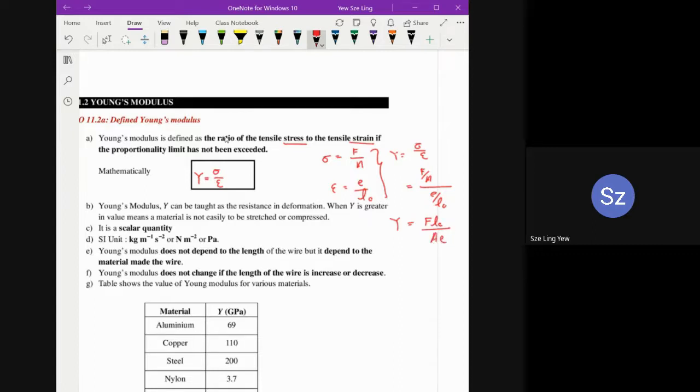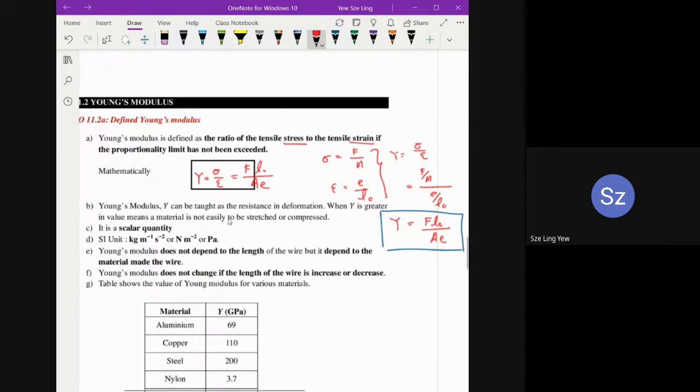This is an equation that we use very often in our calculations, compared to sigma over epsilon. Most of the time we use Y equals FL naught over AE. Kebanyakan kerap kita akan pakai Y equals FL naught over AE berbanding dengan sigma bahagi epsilon.